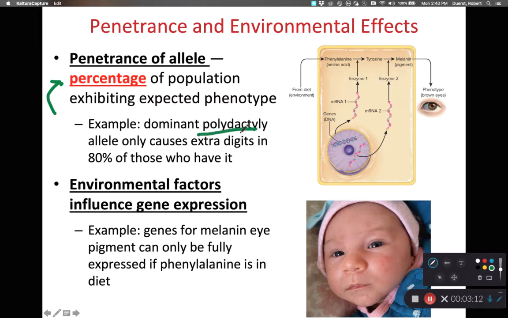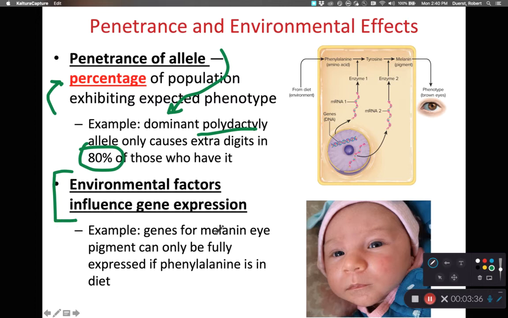As we look at polydactylism, that is a dominant allele. However, it's only going to cause extra digits in about 4/5, or 80%, of the people who inherit it. One reason this happens is that not all genes are activated equally. We have environmental factors at play that help to influence genetic expression.